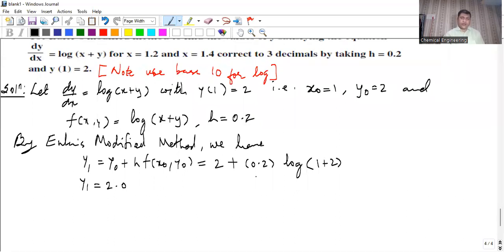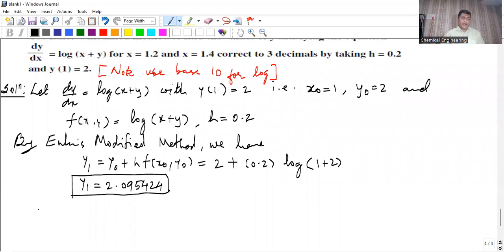So this is 0.09542, that is 2.0954. So this is the predicted value.